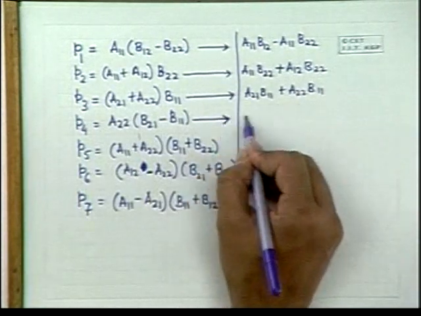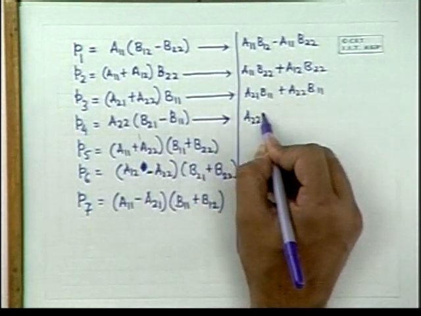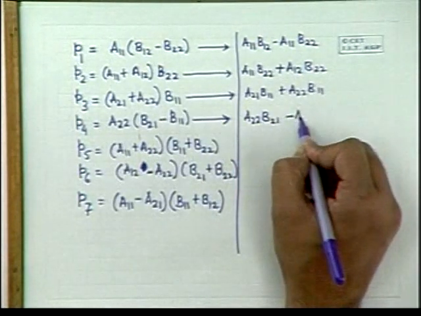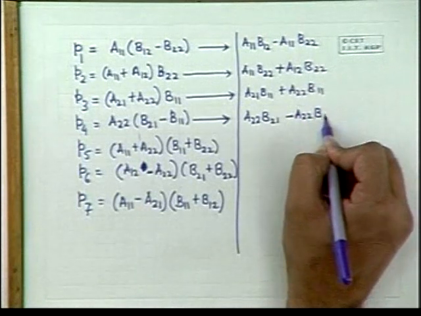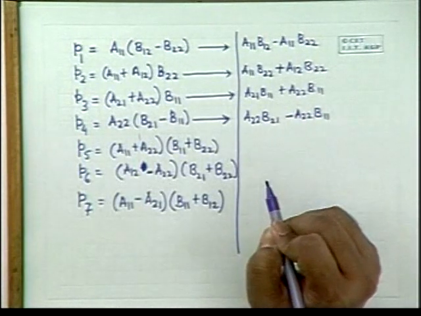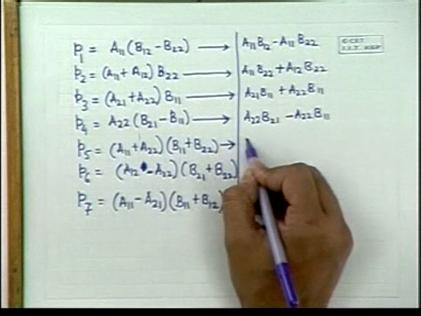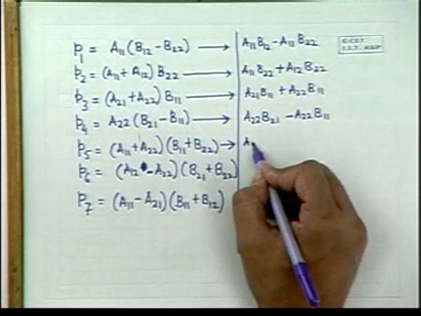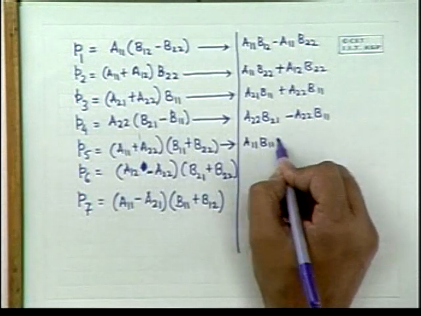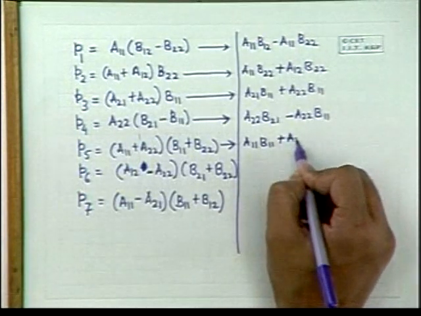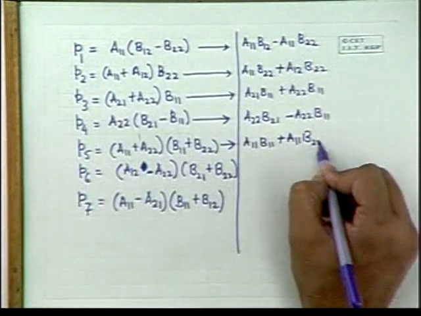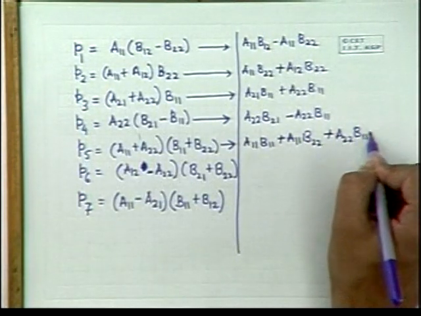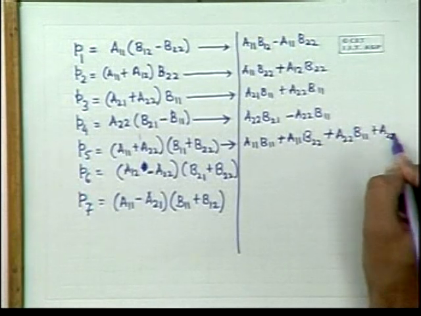P4 gives A22 B21 minus A22 B11. P5 gives A11 B11 plus A11 B22 plus A22 B11 plus A22 B22.